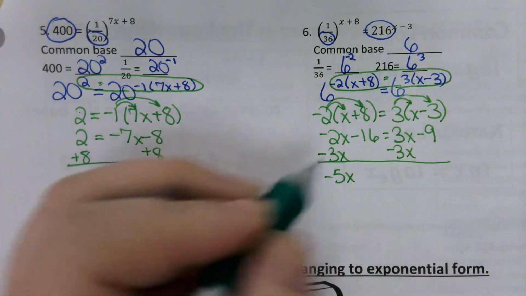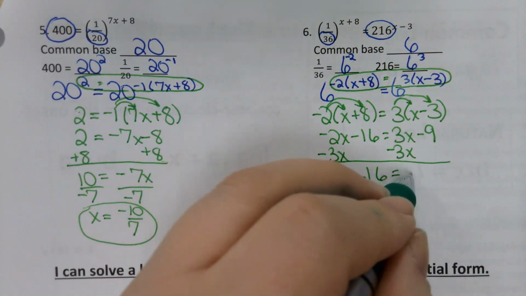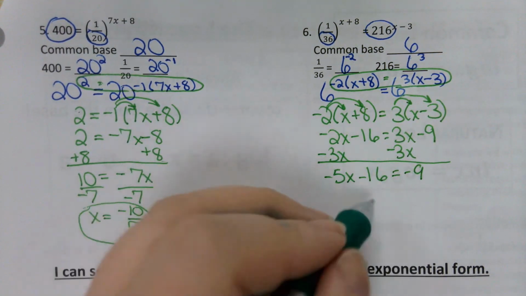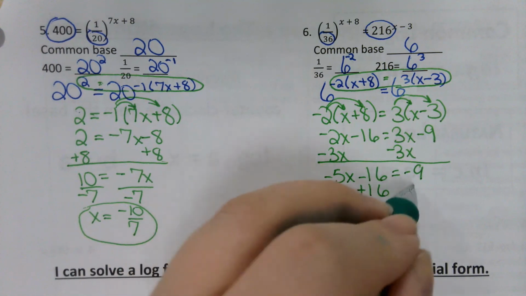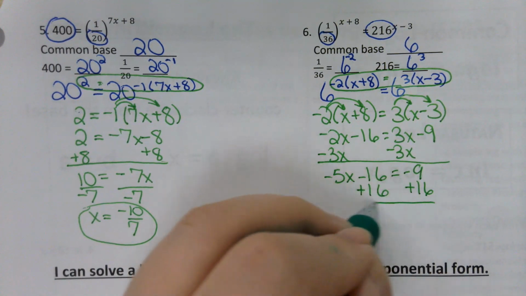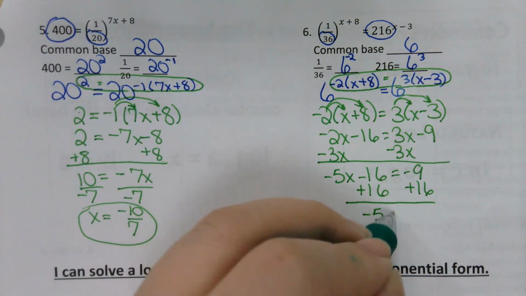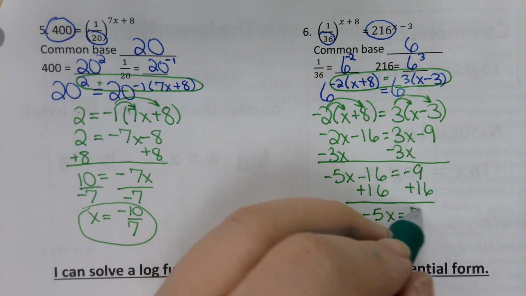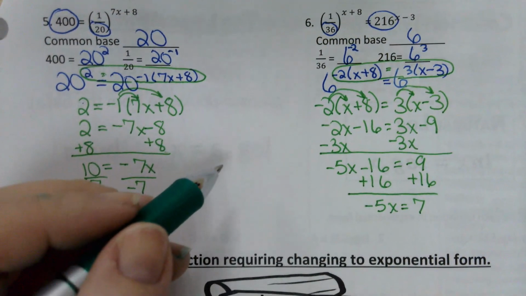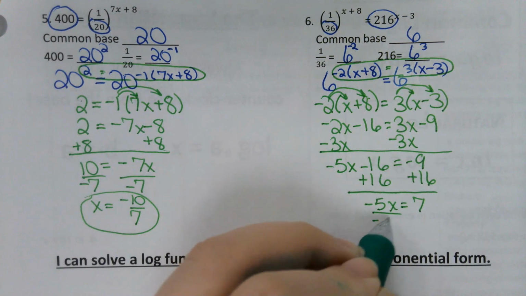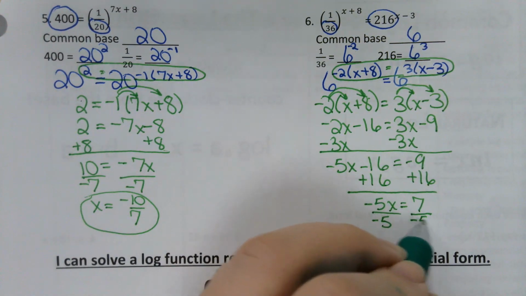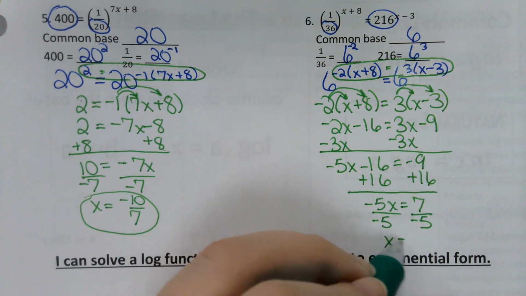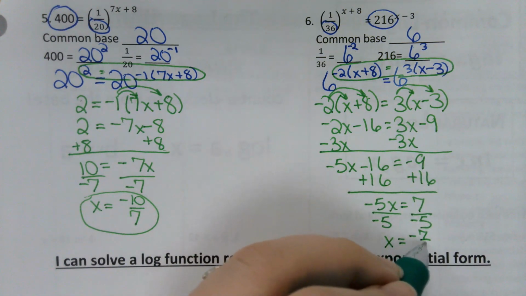So negative 5x minus 16 equals negative 9. And then add 16 to both sides. Negative 5x equals positive 7. Last step would be to divide both sides by negative 5 to leave x is equal to negative 7/5.